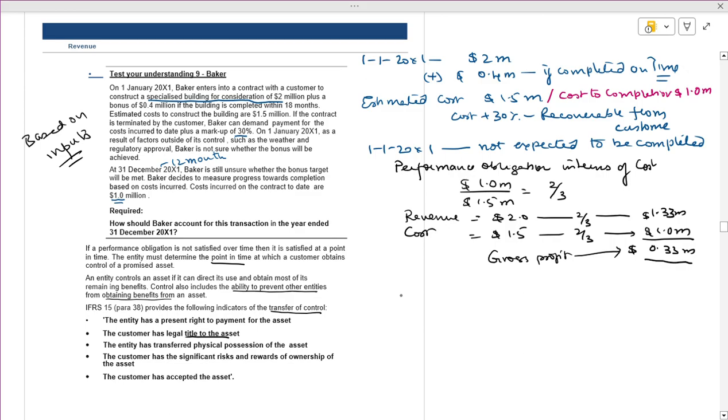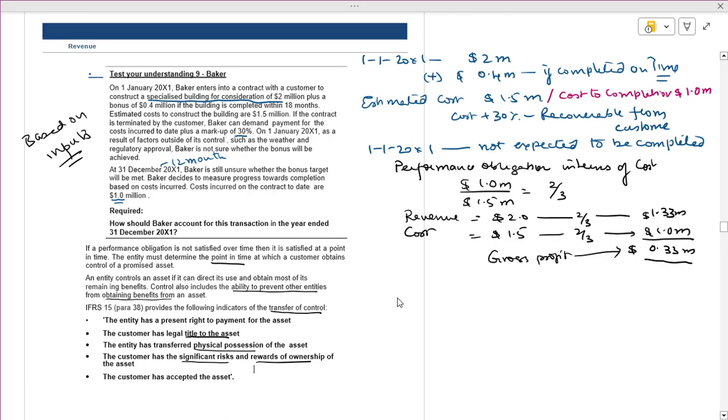meaning exclusive rights. The entity has transferred the physical possession of the asset to the customer. The customer has the significant risks and rewards of ownership.